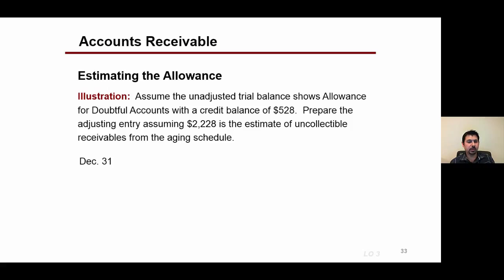Remember, when we use the percentage of receivables, this amount that shows here would be the ending balance. That's the required balance, where this is the beginning balance or unadjusted balance, and we need to get the adjustment. So the first thing to do is calculate that. We have allowance for doubtful accounts. The original balance was 528, and the ending balance will have to be 2228.